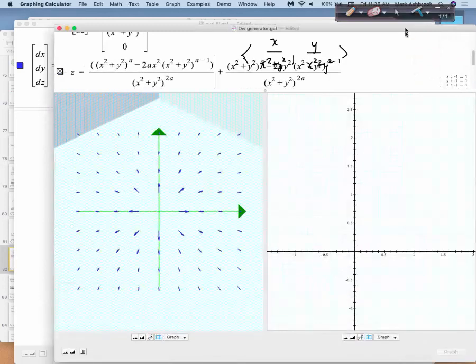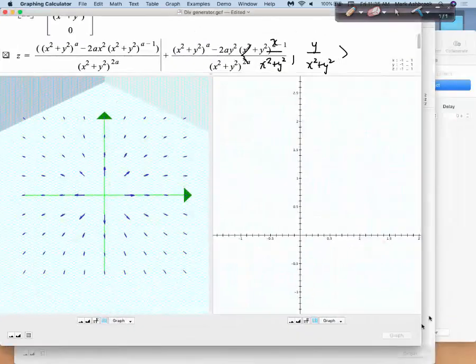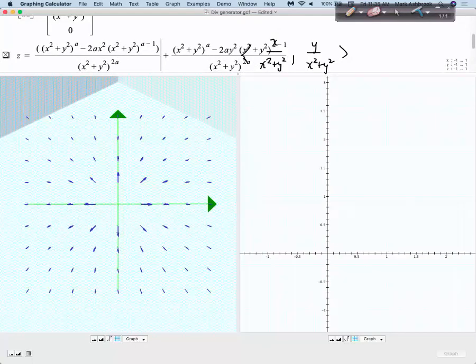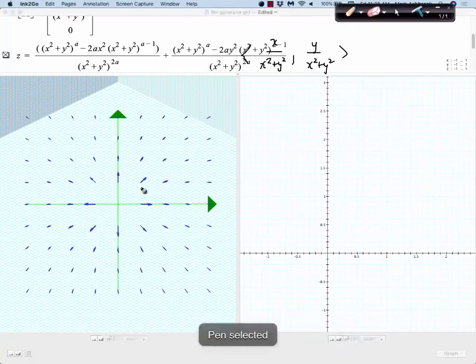So look, take this component here, and this component. What are these vectors doing as I move to the right? Getting smaller. What does that indicate, negative or positive? Negative. Same thing going up. As we move up, vectors are getting shorter.